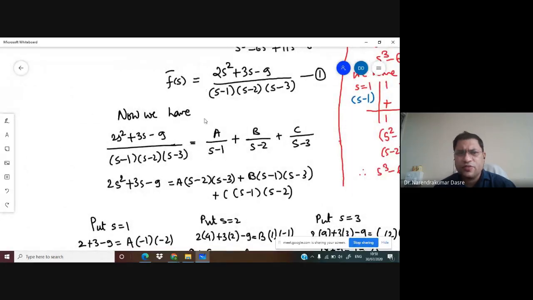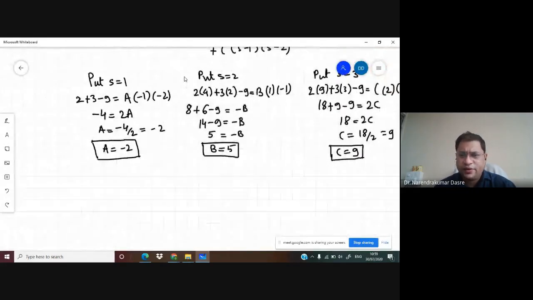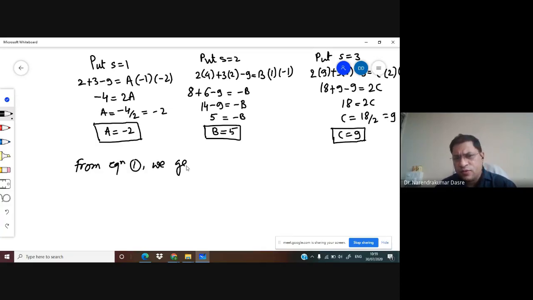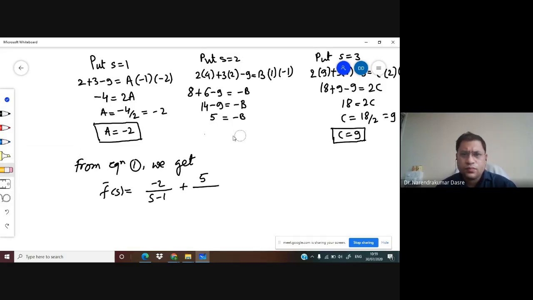And this expression is nothing but a power of S. So once we get this A, B, and C, then we are able to write, from equation 1, f bar of S is equal to minus 2 upon S minus 1 plus minus 5, so this B is equal to minus 5.